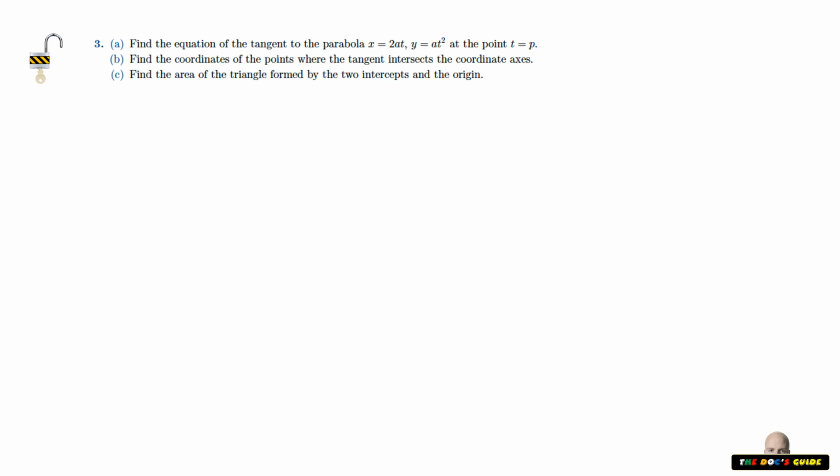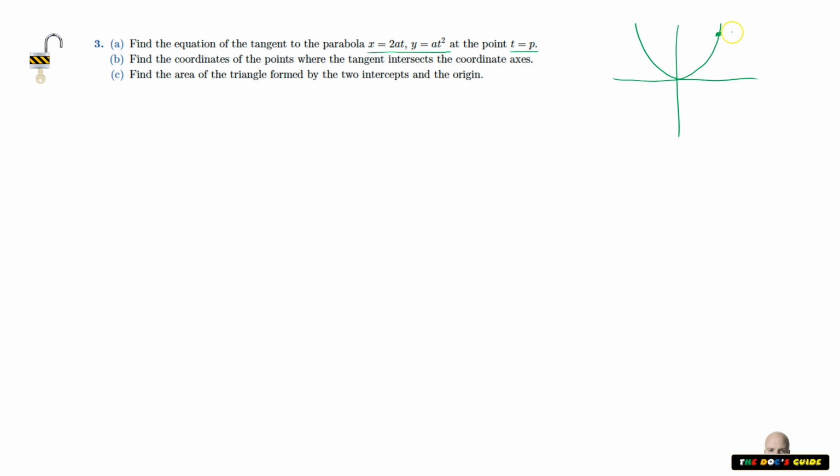So, question 3. It says find the equation of the tangent to this parabola at the point where t equals p. So we're talking about a parabola, a point P, this parabola, because it's 2at squared, has its vertex at the origin.